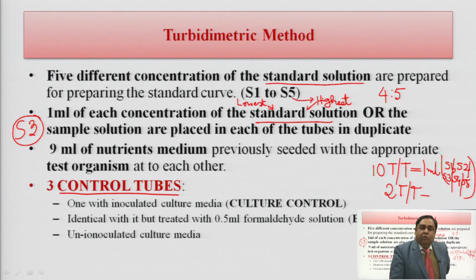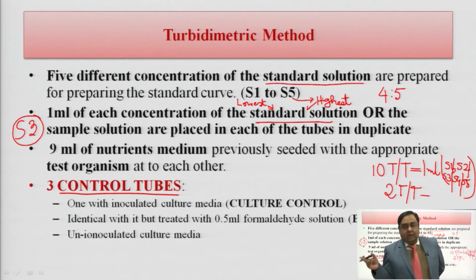Now, this unknown sample solution has to be prepared as per the labeled claim, that is, whatever is claimed in the package, you have to dilute it in such a manner that it is coming closer to the concentration S3 of the standard.